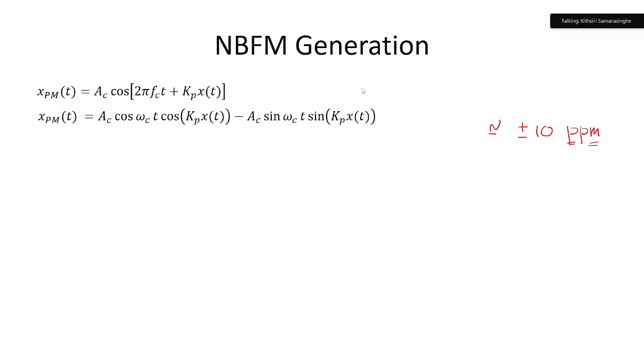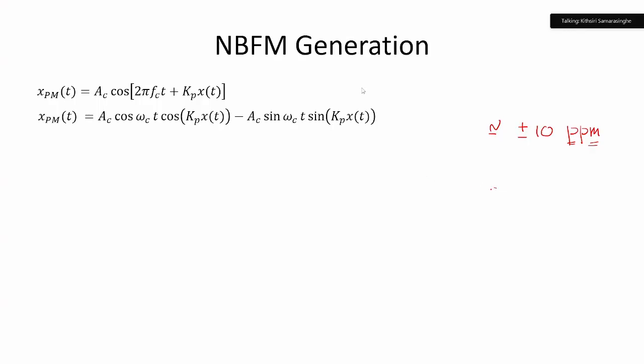That means 100 parts per 1 million, right? So this will be 100 into 10, which will be 1 kilohertz error, right? That is too much, because when you get the license for broadcasting, the Telecom Regulatory Commission will give you stability limits. You can't violate them, because in that case you will interfere with the adjacent channel.